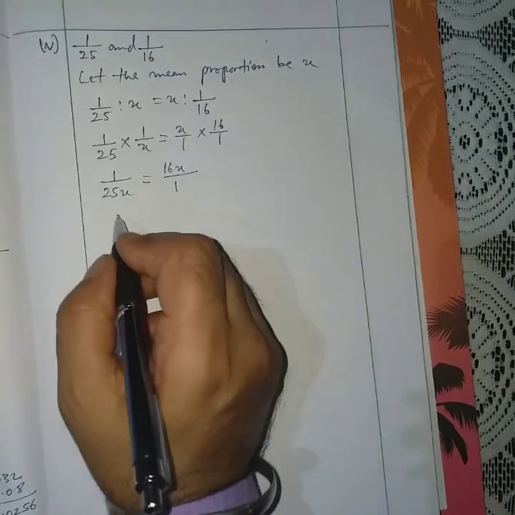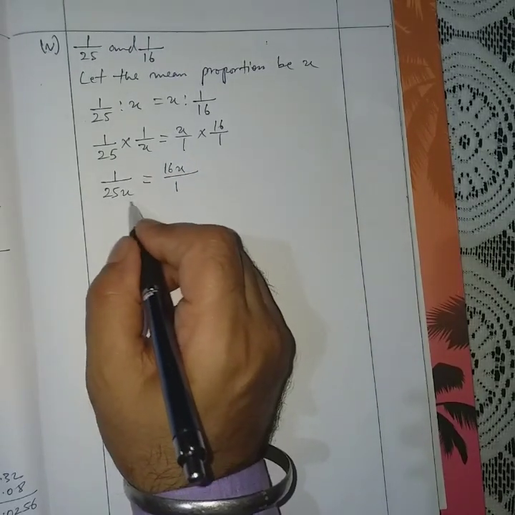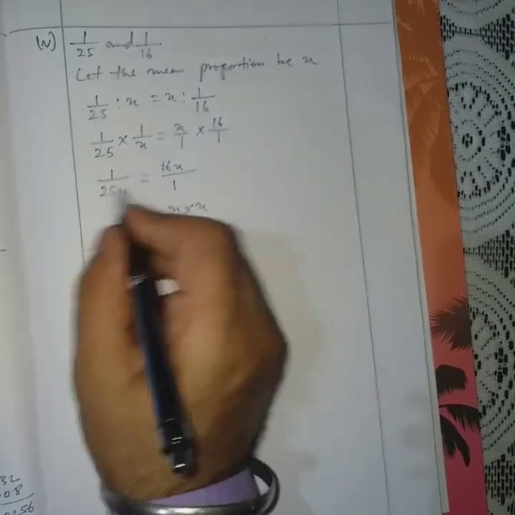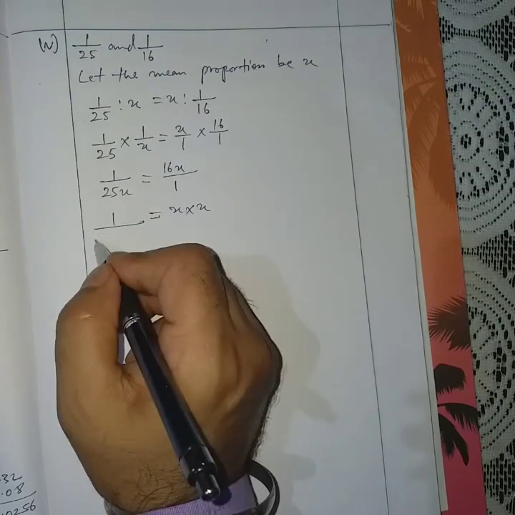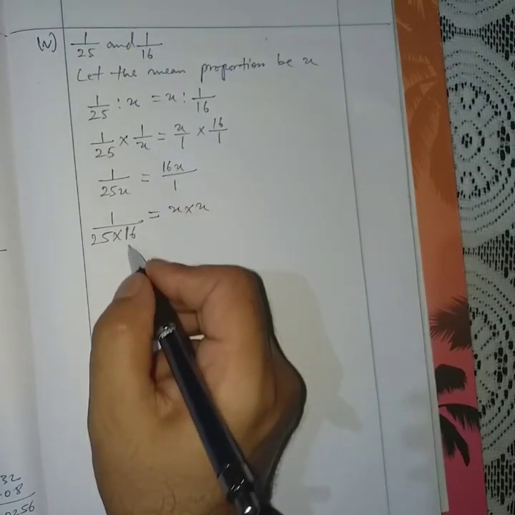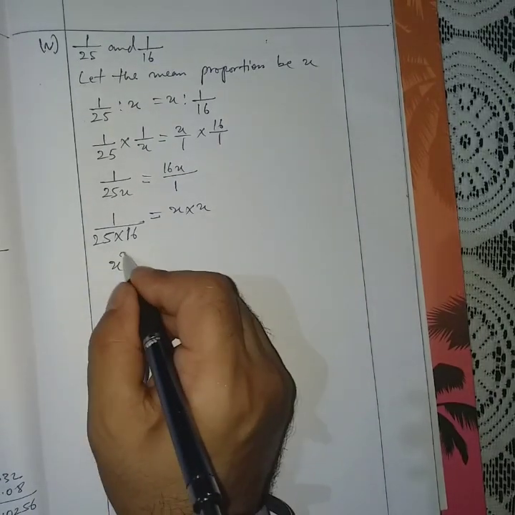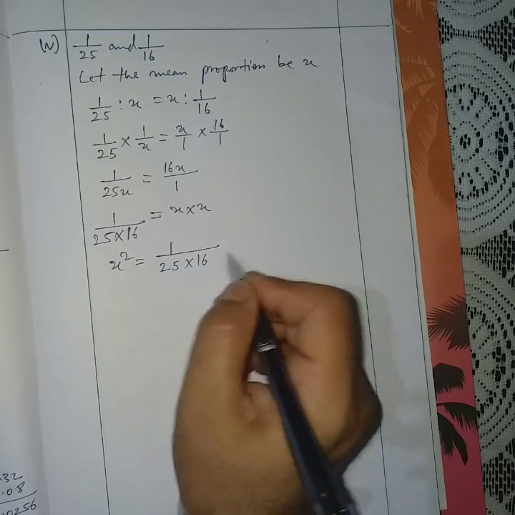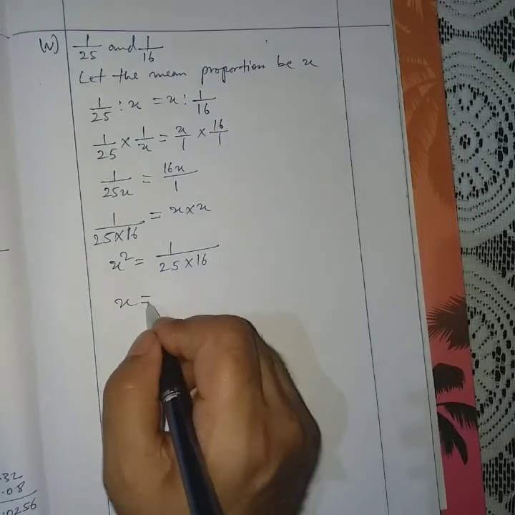Now we are finding x, so x we have to keep alone. 25 into 16 comes this side. So x square is equals to 1 by 25 into 16, and x will be equal to the square root of 1 by 25 into 16.